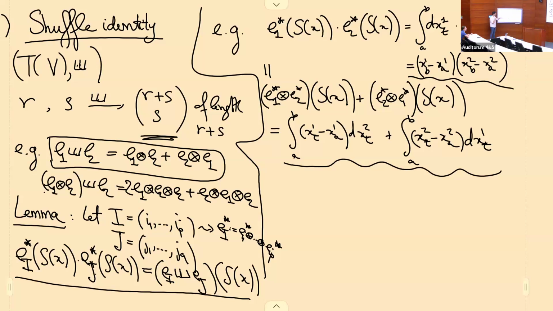So this shuffle identity here is just a generalization of integration by parts to higher order integrals.